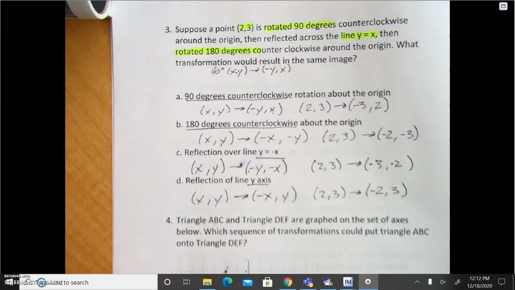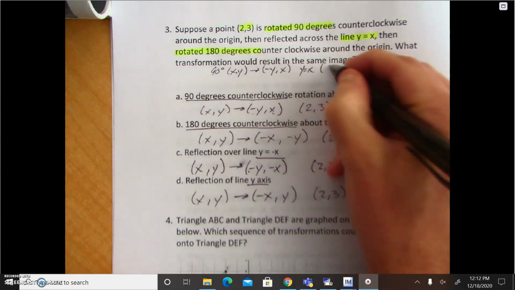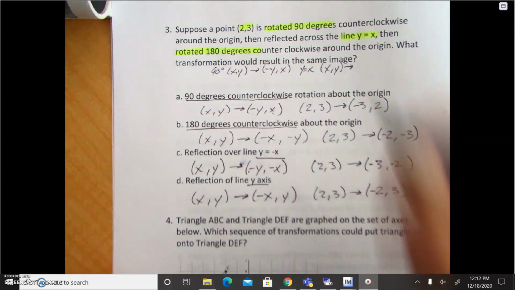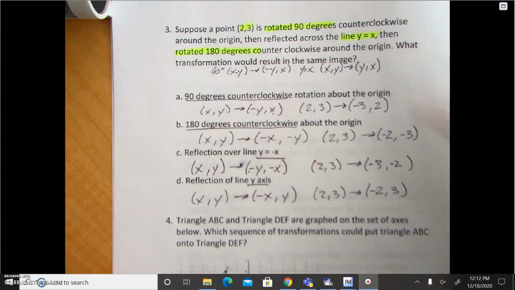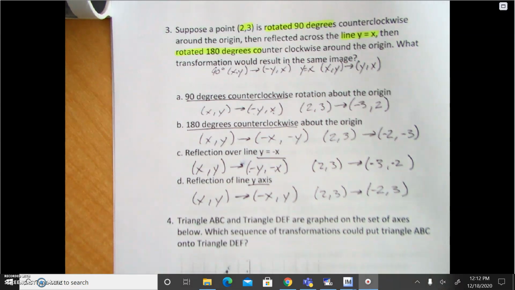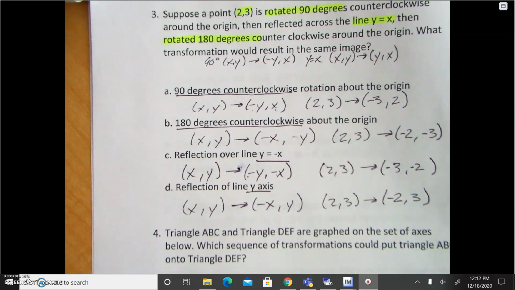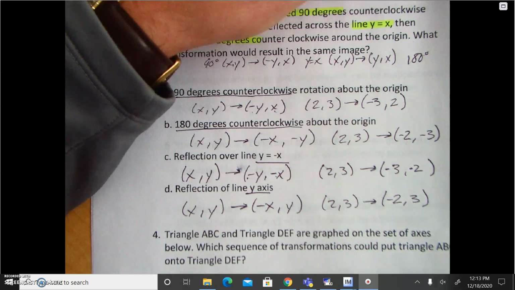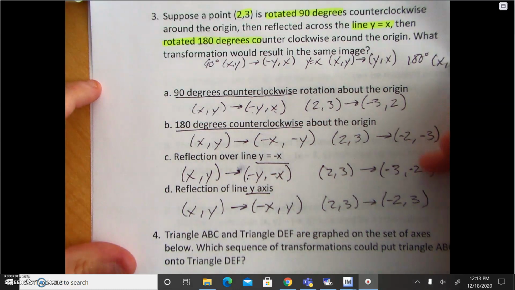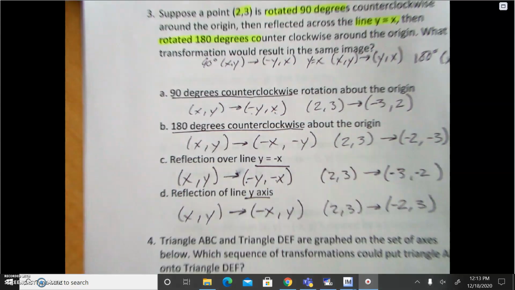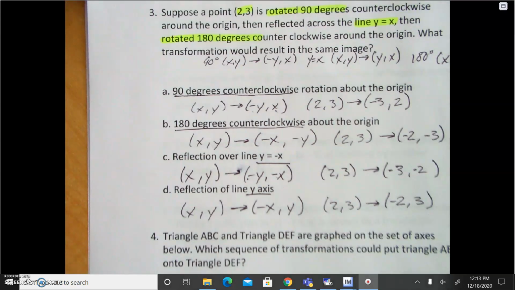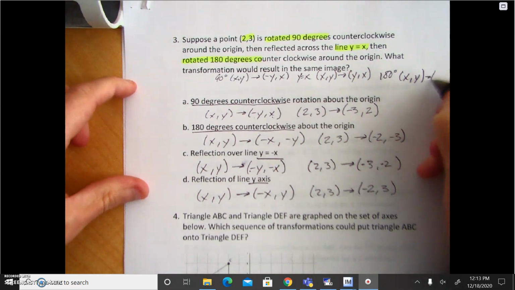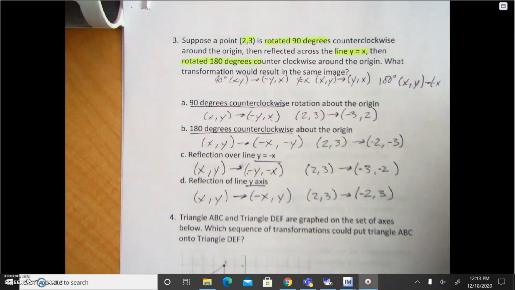And I need to do y equals x, so y equals x goes from (x, y) to (y, x). And then lastly, my 180 degrees goes from (x, y) to (-x, -y).